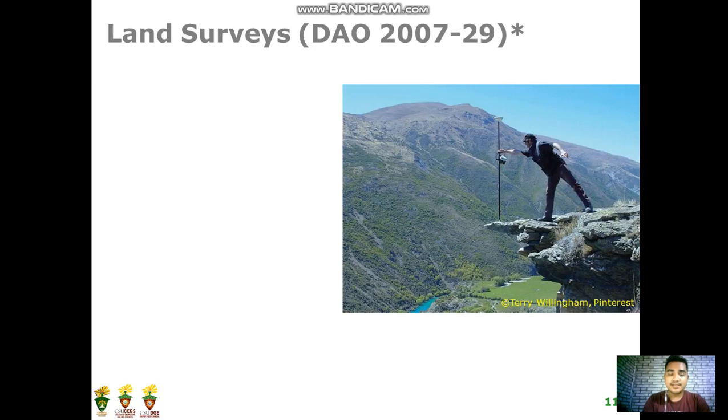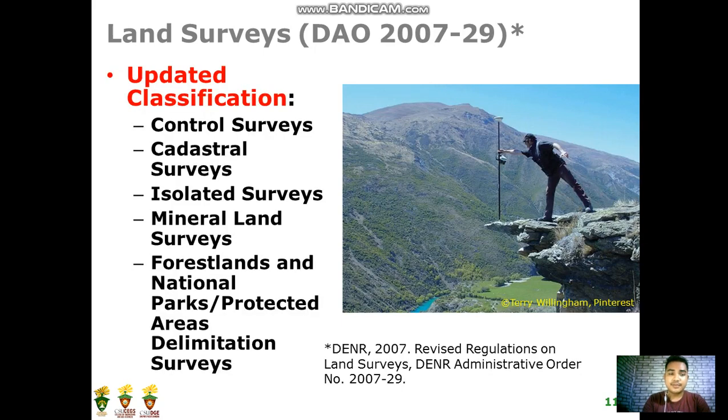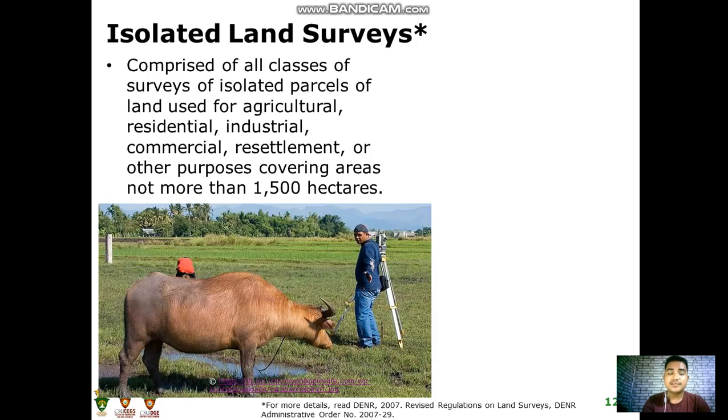And according to DAO 2007-29, the updated classification for land surveys is control surveys, cadastral surveys, isolated surveys, mineral land surveys, forest lands, and natural parks or protected areas delimitation surveys. For isolated land surveys, according to DAO 2007-29, it comprises all classes of surveys of isolated parcels of land used for agricultural, residential, industrial, commercial, resettlement, or other purposes that cover areas not more than 1,500 hectares.